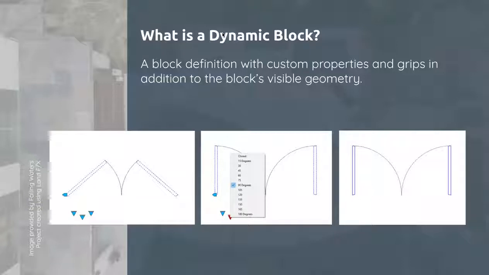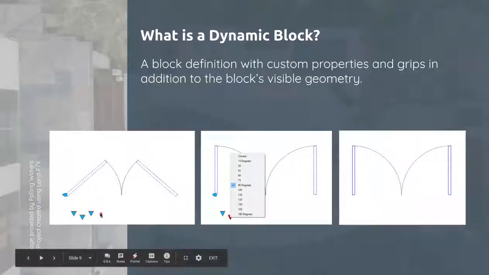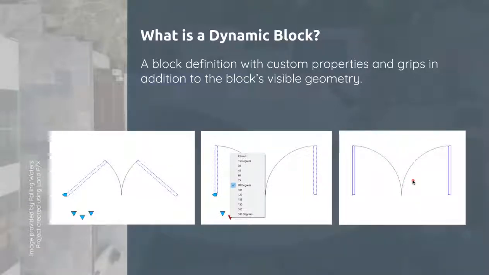So as you can see in these images, we have kind of a basic set of French doors with these various grips here. These are what make it dynamic. Clicking on this grip allows you to have these various options for how open or closed the doors are. And you can choose these options and it'll actually transform the geometry of what is displayed for that block.